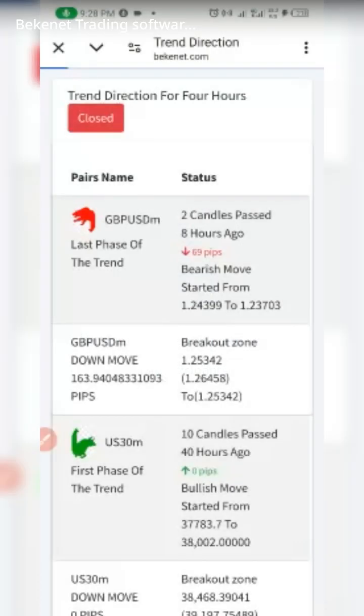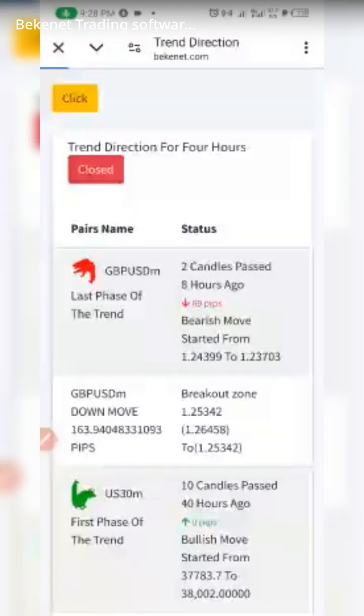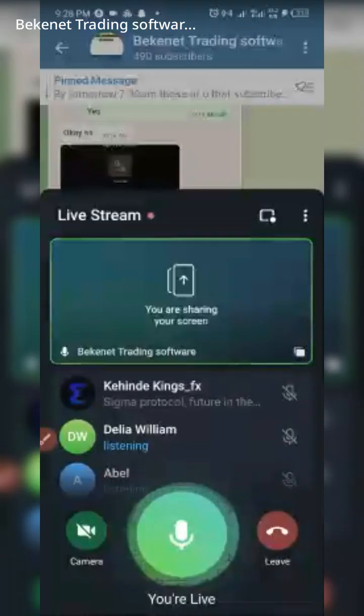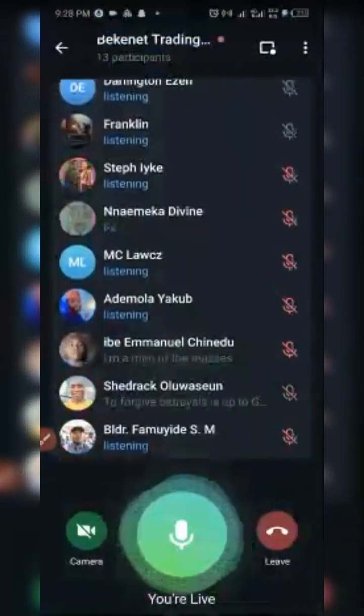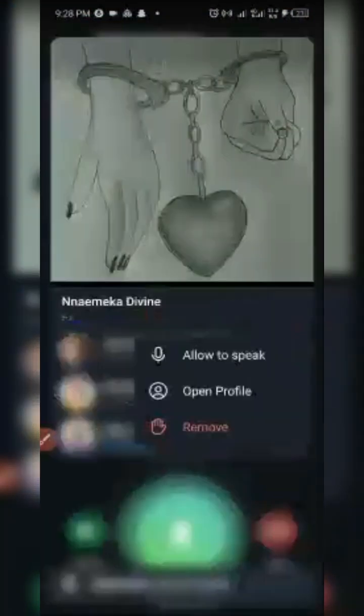Before this page loads now, I don't know why this app is slow this evening. So before this page loads, if you have a question, something you don't understand, just ask me so that we can go back and talk about it before we move to the next phase.